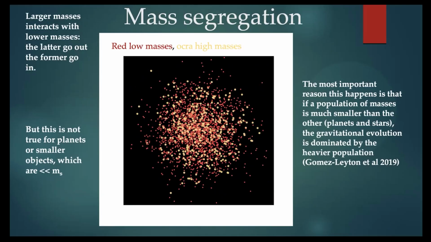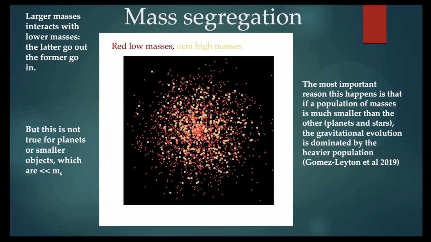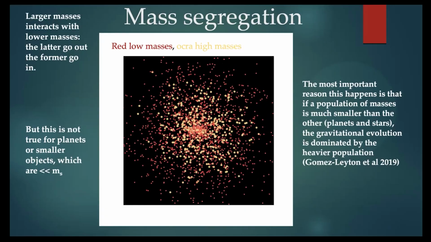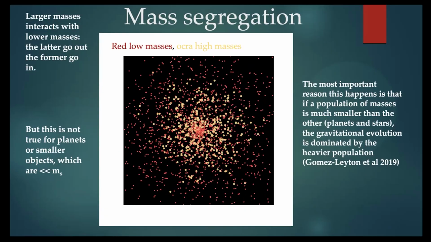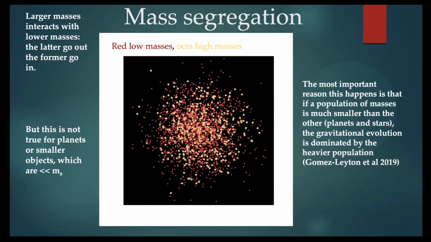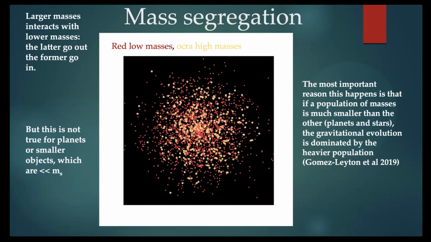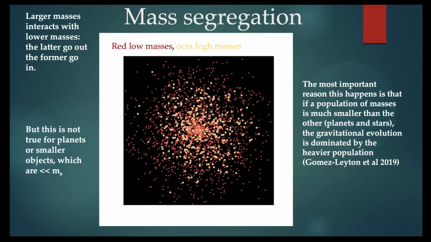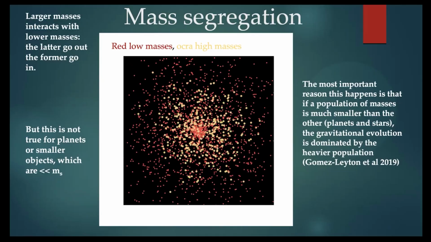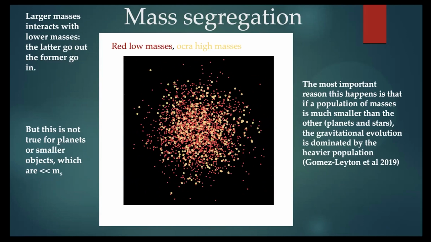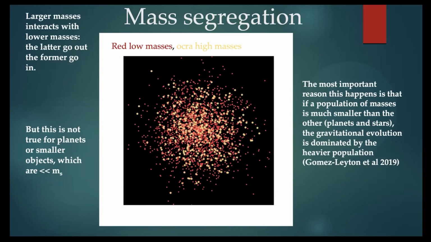However, and this is the point of my talk, this is not true for planets, because planets are not so much stronger when it comes to encounters. They are basically not dominating the gravity.